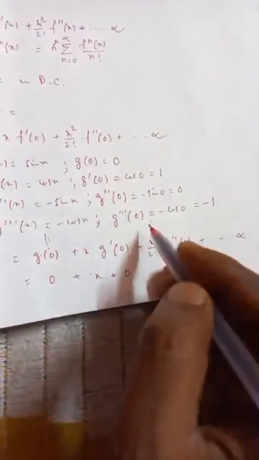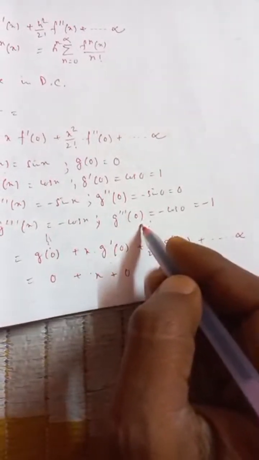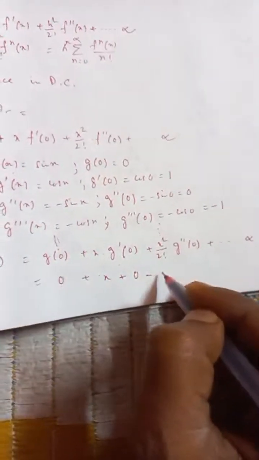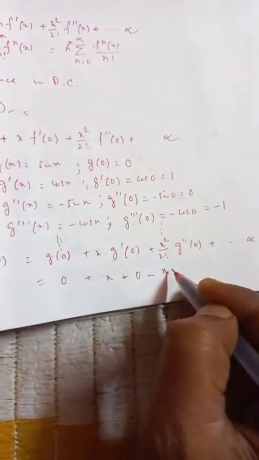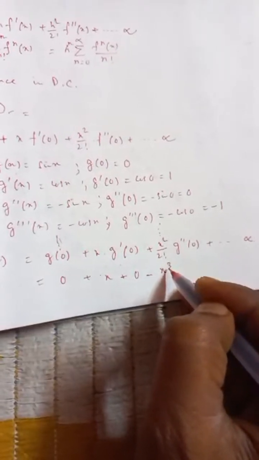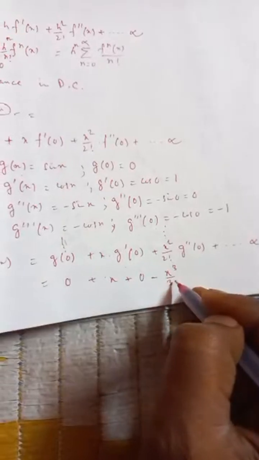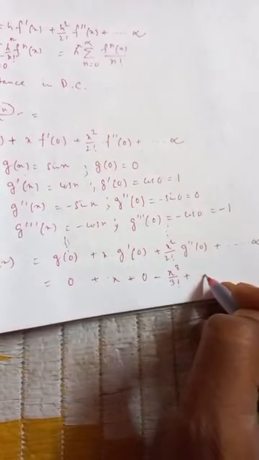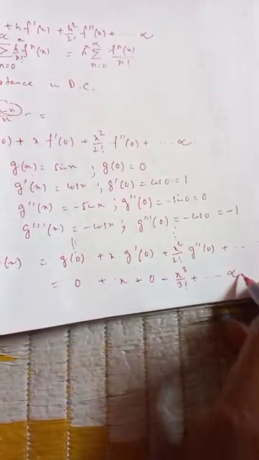Then the third derivative at 0 is minus 1, so this will be minus x cubed by 3 factorial, and so on up to infinity.